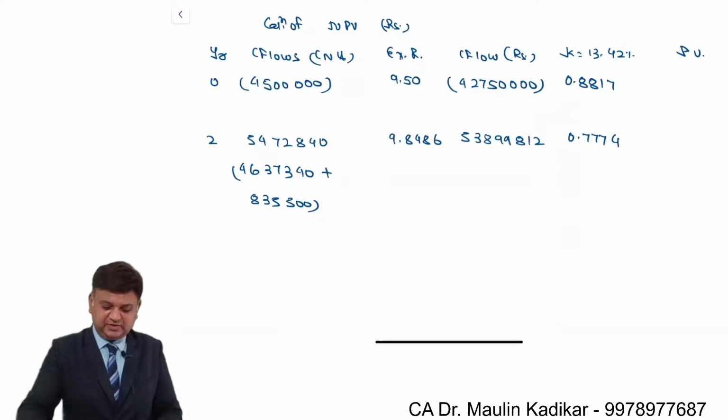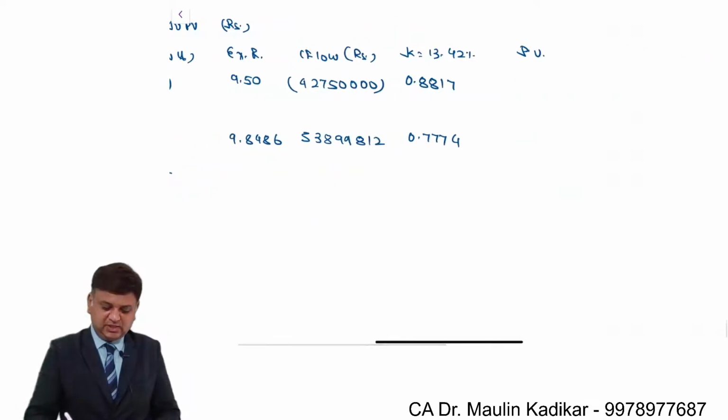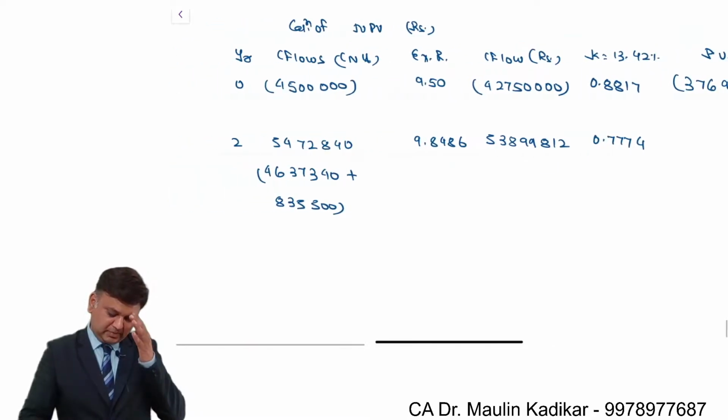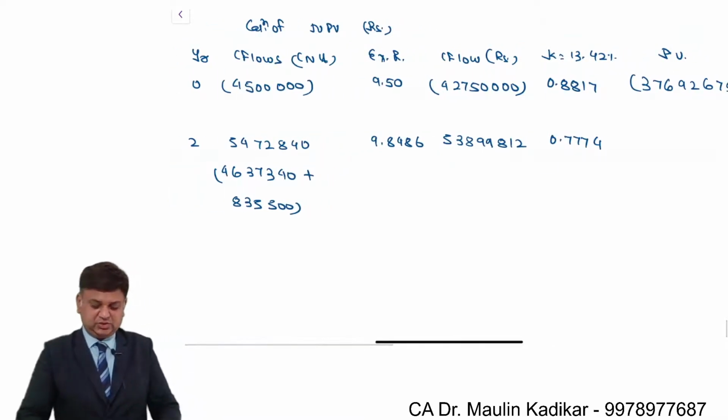4 crore 27 lakh 50,000 into 0.8817. So in that case it is 3 crore 76 lakhs 92,675. Sorry.